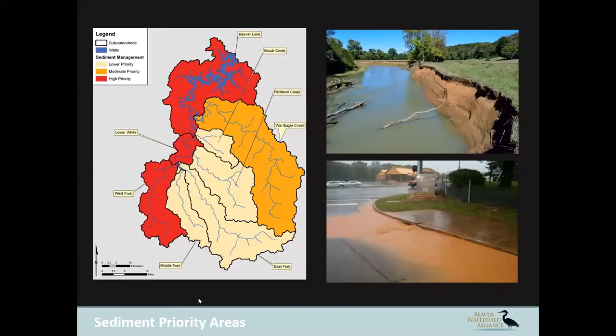It is the number 1 source of pollution in this watershed. Stream bank erosion is currently the highest contributor to sediment. Urban runoff and dirt roads also contribute. Low density development and loss of pasture land and forests is expected to have a greater contribution to sediment loads as we grow in this region, particularly in the western portions of the watershed.